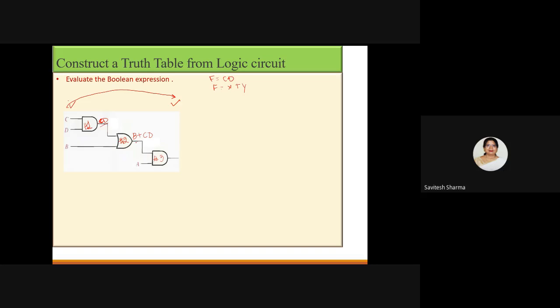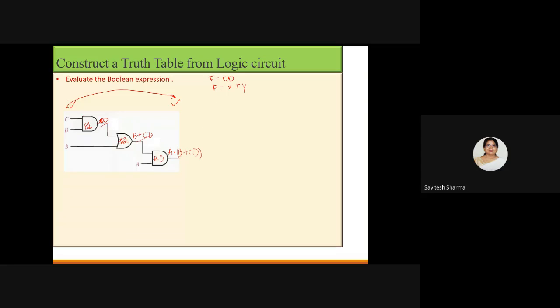So here you can assume this is X and this is Y. So you will write the expression A and you will join this A with the second input, B plus CD. So you will write the total expression.